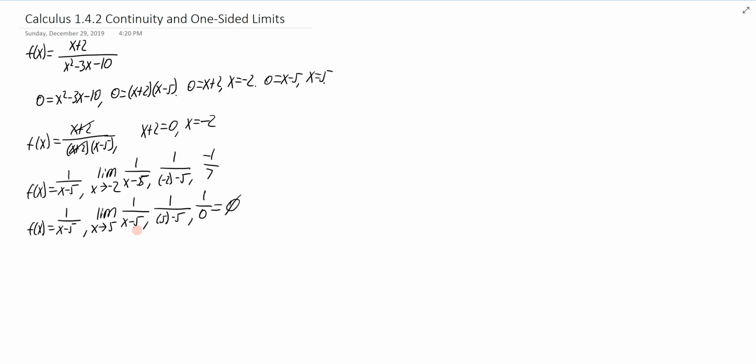So basically the way that we're going to answer this question is we're going to say there's a removable discontinuity at x equals negative 2.